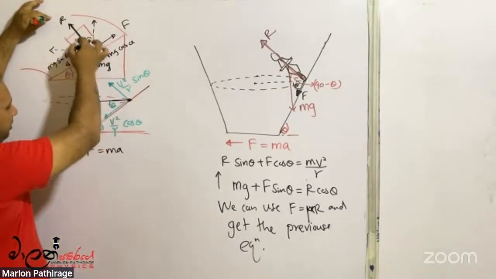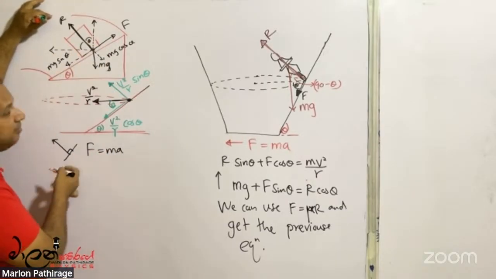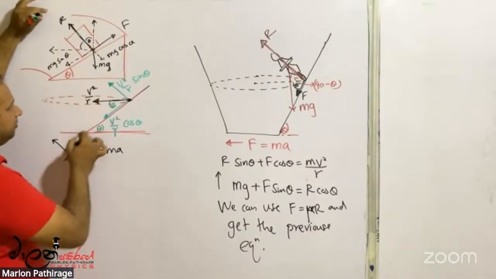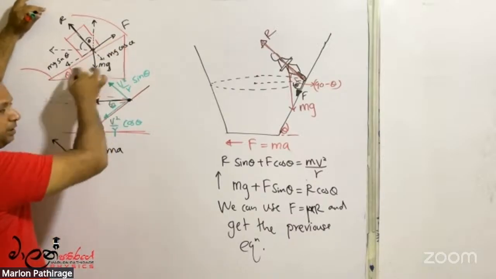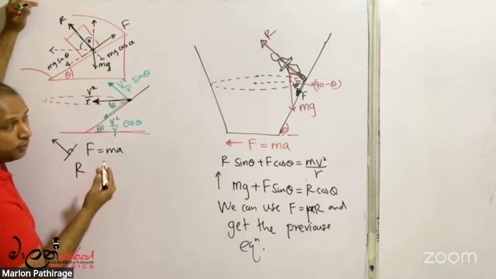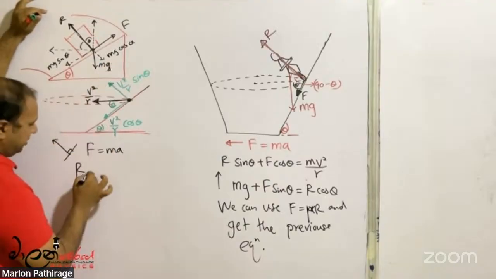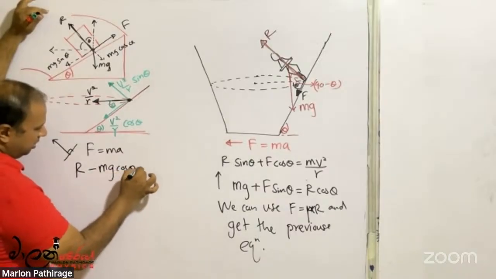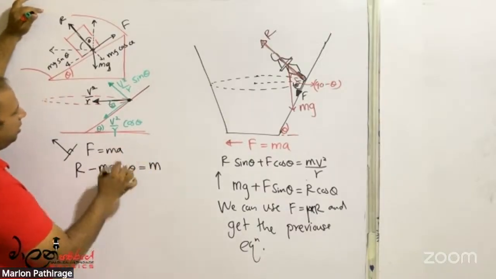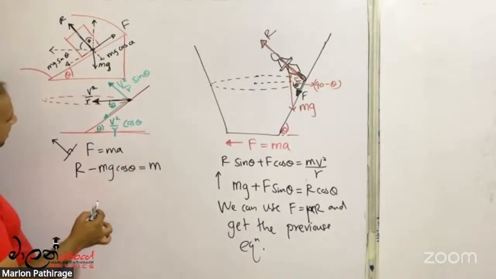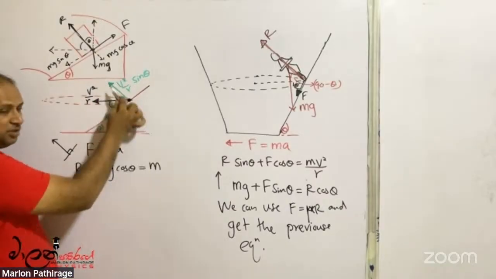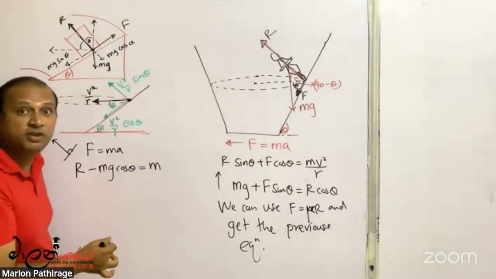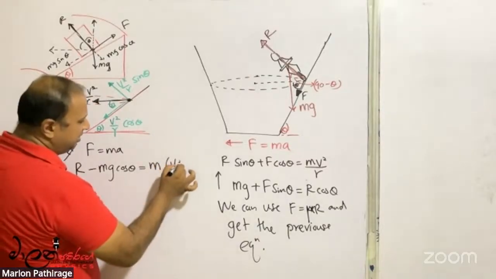Here there's R, and F is along the plane, therefore no need to worry about F in this direction, that is 0. Then the other force is mg cos theta. That is equal to m times the acceleration in this direction, which is V squared over r sin theta.